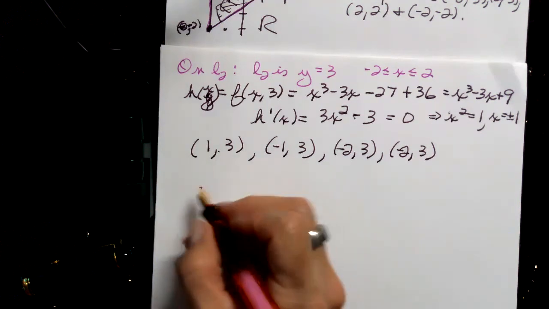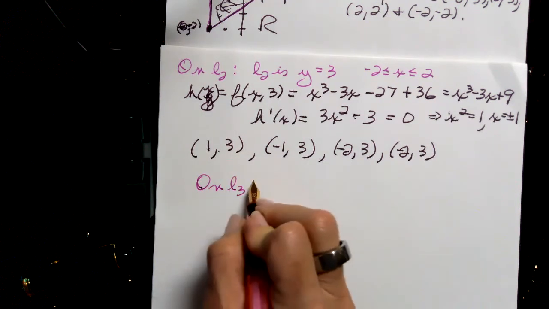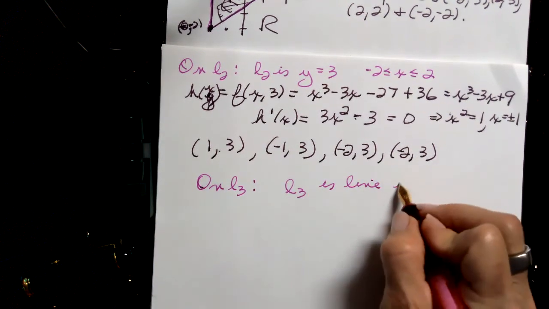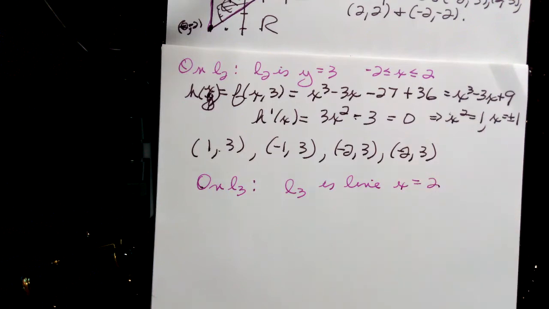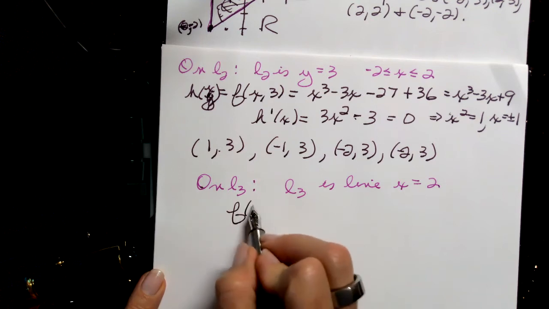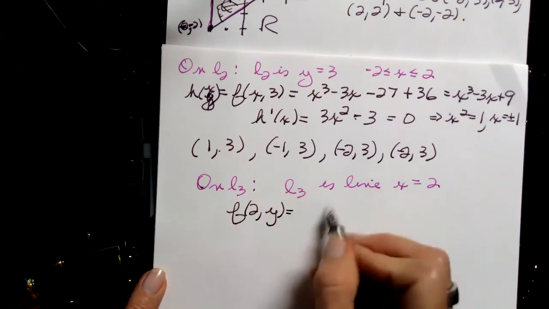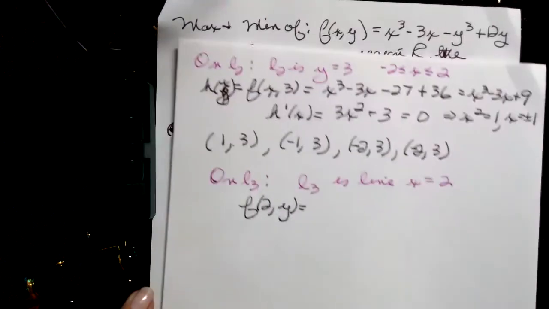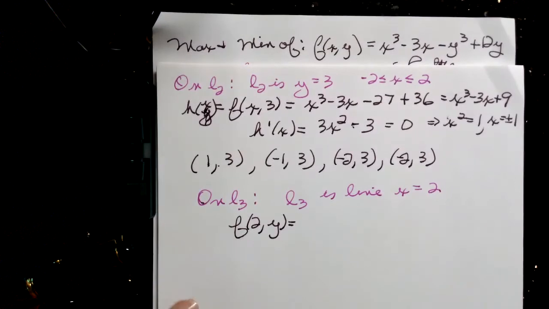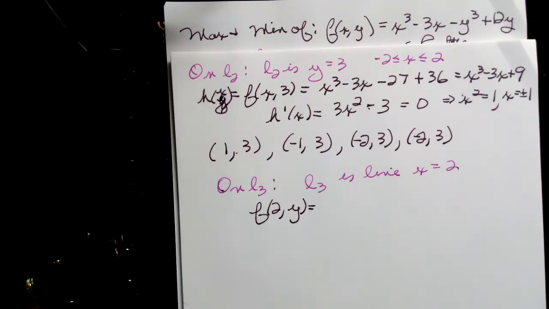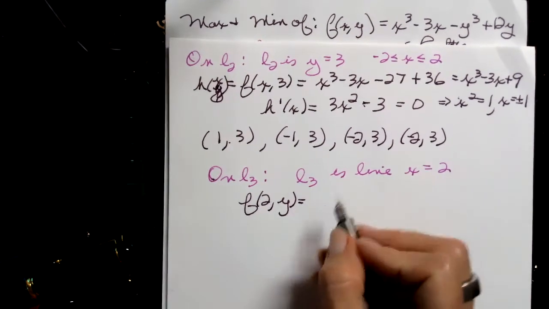On L3, we notice that L3 is the line x equals 2. So now when x equals 2, we look at the value of the function. So that's (2, y).